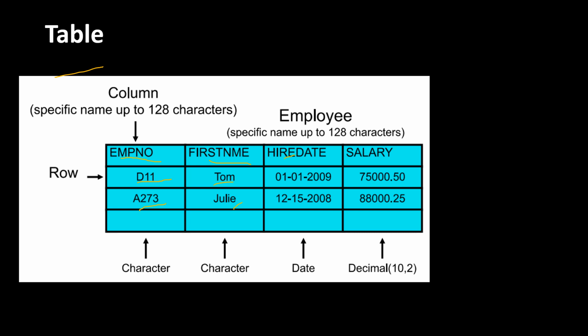The hire date column will hold calendar data, like first January 2009. And in the last column we have salary information. The salary column will hold a decimal numeric value like 75,000. So DB2 ensures that the data entered into each column matches the column data type.